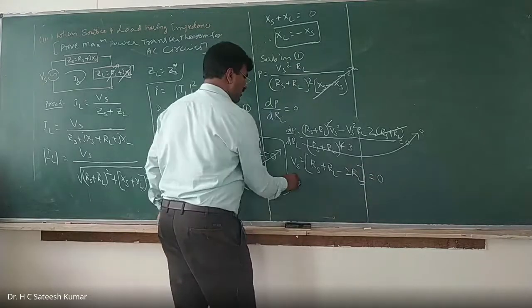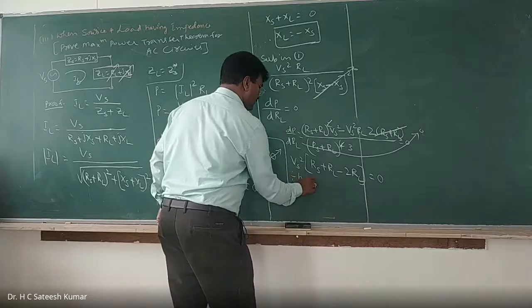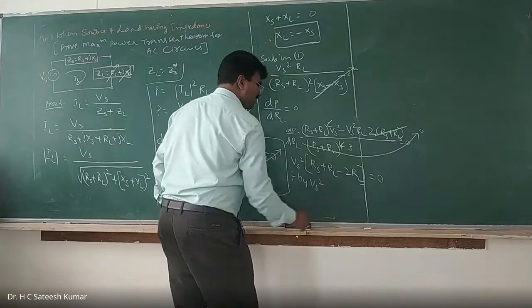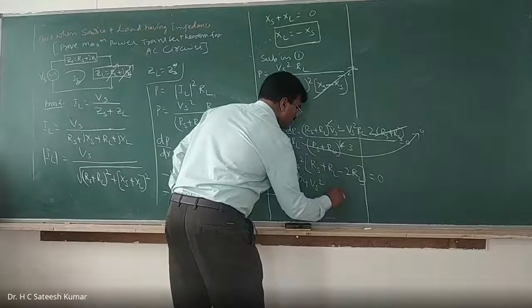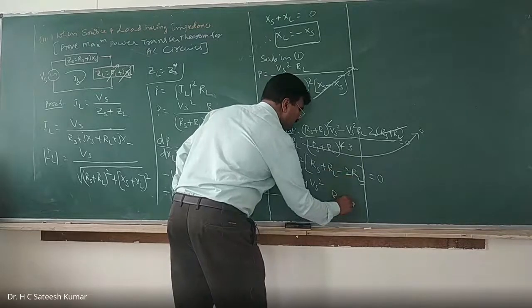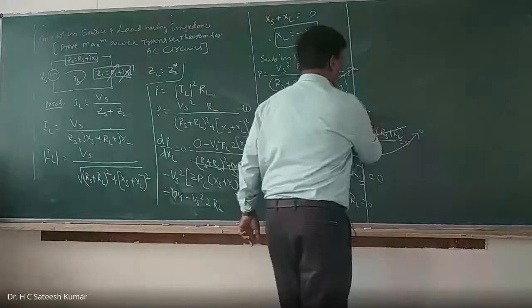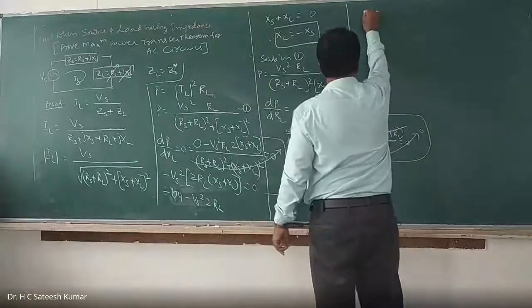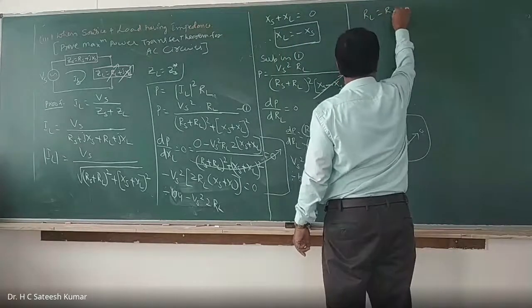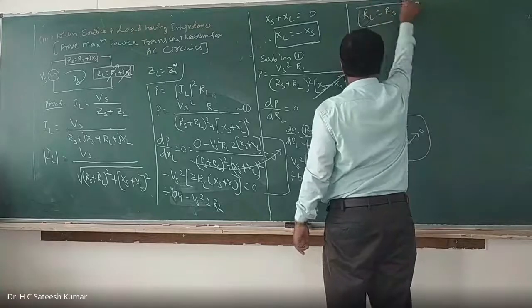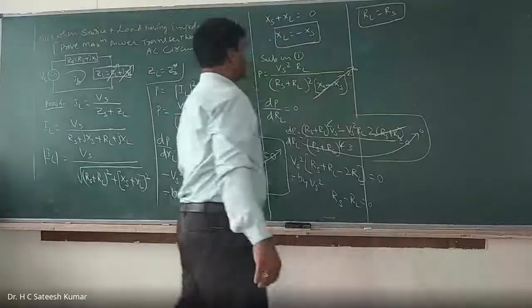Divide by Vs square. Then you get Rs plus RL minus 2RL, which is Rs minus RL is equal to 0. Therefore, RL is equal to Rs. That is the condition. Okay, we got two conditions.